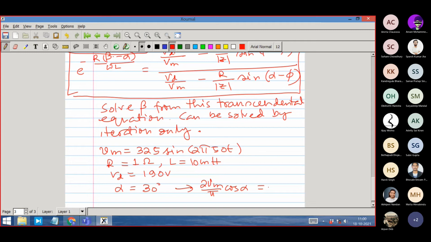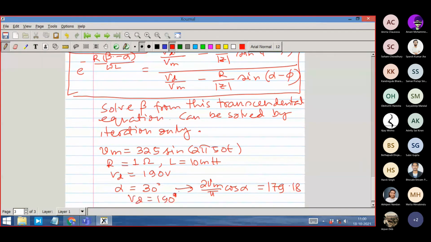Let me do it on the calculator. 2 into 325 divided by pi into cos 30 degree. Yeah, it is 179 volts. So since VD is equal to 190 volt, it must be in DCM. There is no doubt about it. That is the first conclusion.